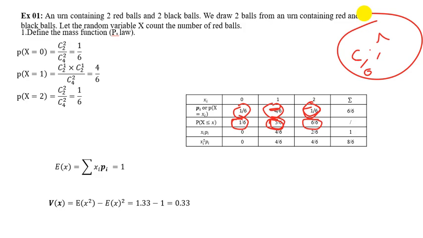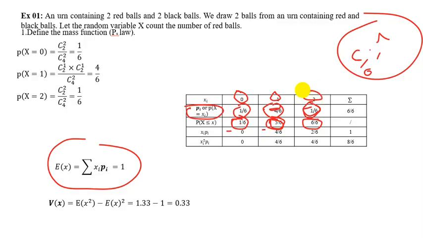Now let's see the expected value. We said the expected value is the sum of x times P(x). This is our PMF. We multiply it by the value of x, so we get 0, and 1 times 4 over 6 is 4 over 6, then 2 times 1 over 6 is 2 over 6, and the sum is 4 over 6 plus 2 over 6, we get 1.